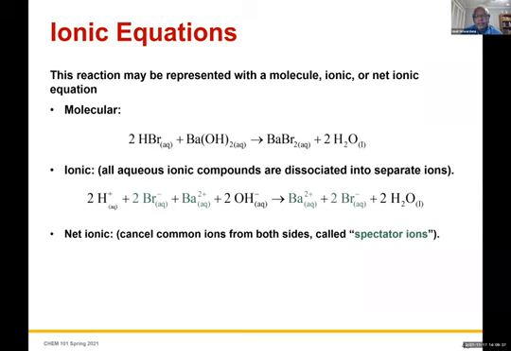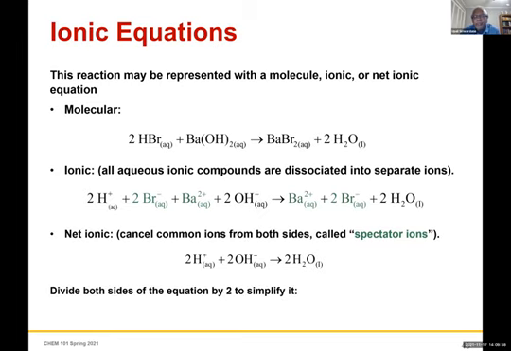Therefore, they are removed from the ionic equation to get the net ionic equation. When you remove bromide and barium ions from both sides, you end up with the net ionic equation. The net ionic equation for neutralization is hydronium ion plus hydroxide ion to produce water.